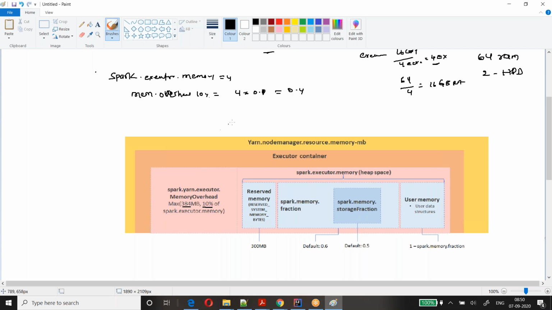So total memory will be 4.4 GB. It requests 4.4 GB from your resource manager. Are you getting what I'm trying to say?